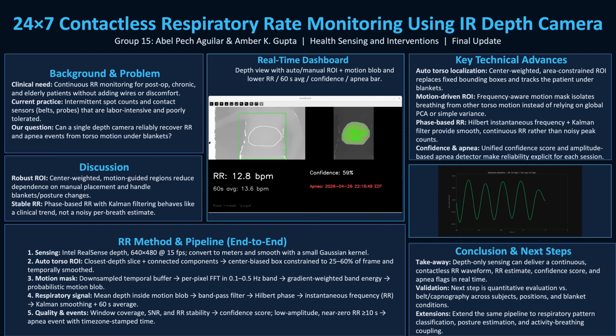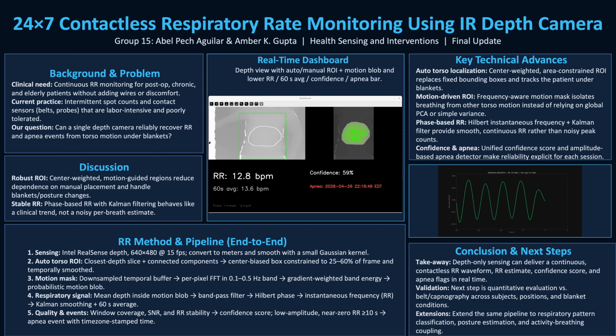Draw a manual box over the torso, average depth in that box, and then look for the breathing peaks. It worked if the box was perfect and the subject stayed still. But in practice, it was very sensitive to placement, posture, and how the blanket creased. Sometimes blanket edges dominated the signal. Next, we tried grid-based ROIs with FFT scoring, picking the cell with strongest respiratory band energy.